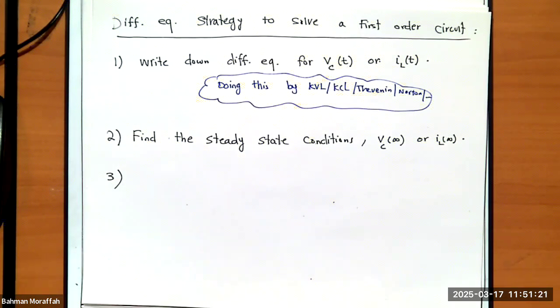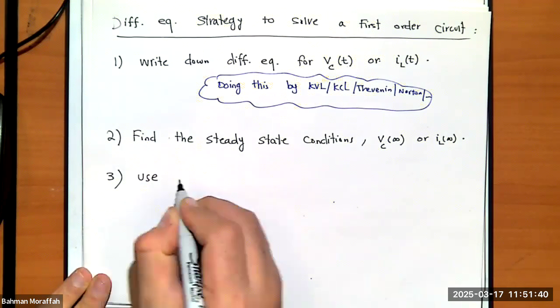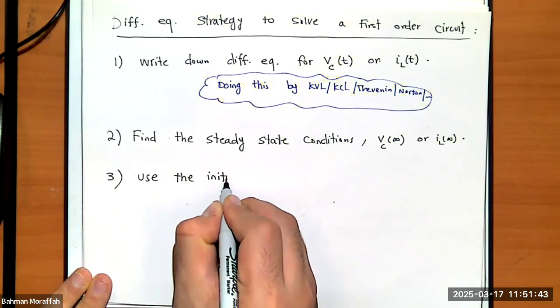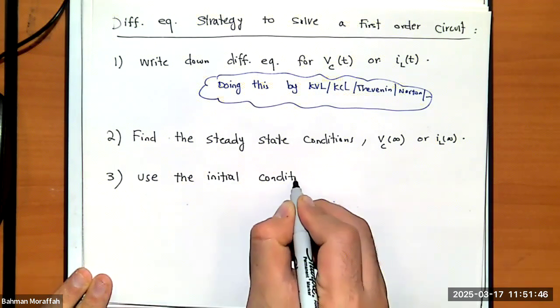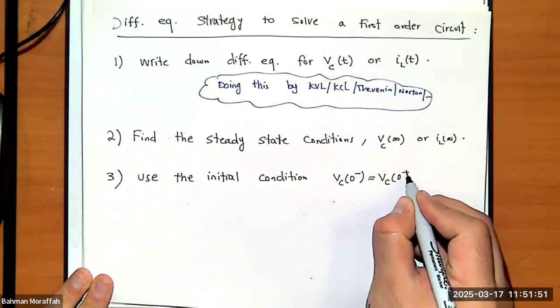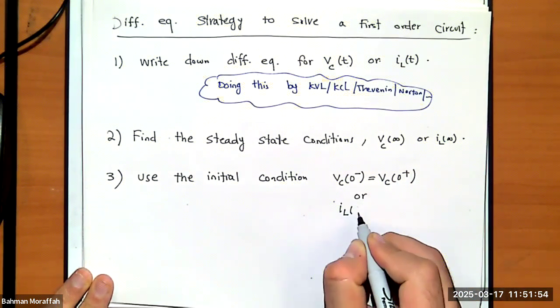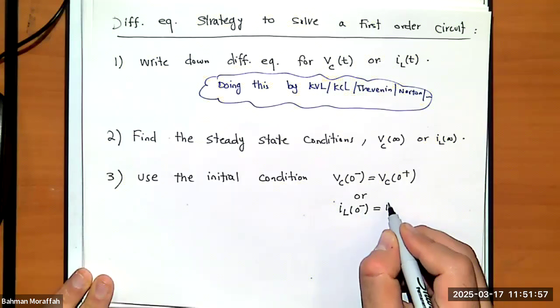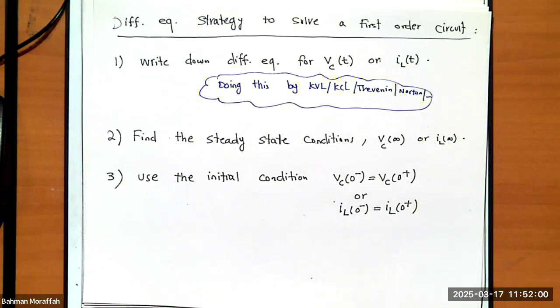Remember, by doing this, we only have one of those constants. We need to get another constant, which is our K2. To be able to do that, we need to use the initial condition at time 0. Again, remember that for time 0, there's nothing special about it. It just made our life a little easier, right? So use the initial condition, either VC at time 0 negative, the same as VC at time 0 plus, or IL at time 0 negative, the same as IL at time 0 plus.